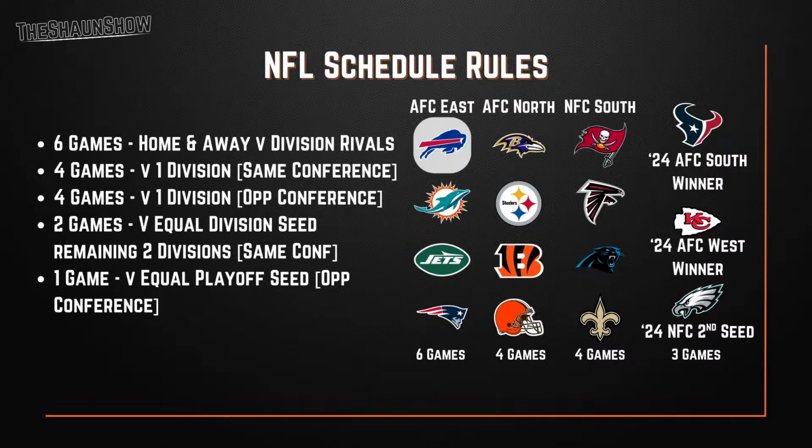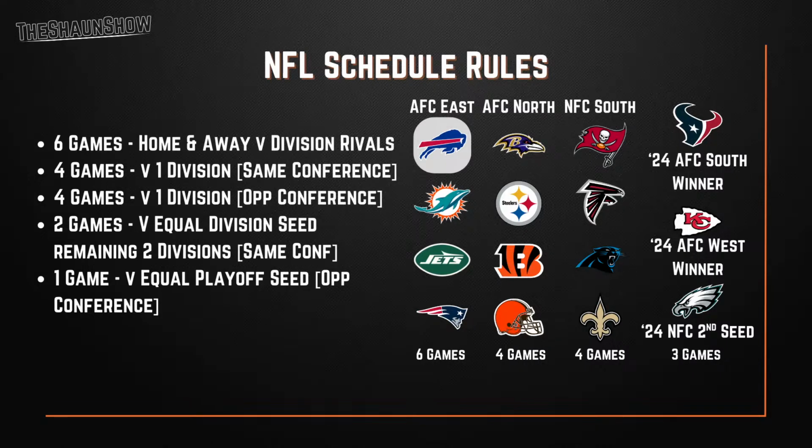The Bills, again, they won the AFC East, so they verse the winners of the AFC South and the AFC West. Last season, that was the Texans and the Chiefs, so that's who they're coming up against this season.